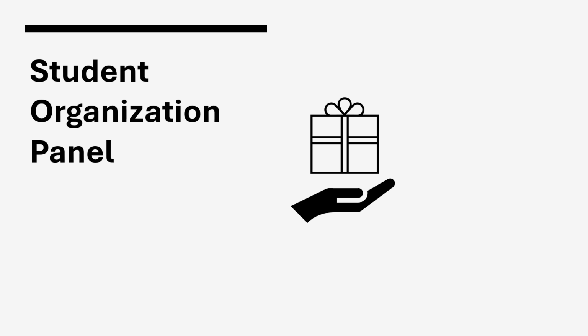As an example, let's say you're planning an event with panelists. As a recognized student organization, you can apply for SOF funding to purchase small tokens of appreciation for the panelists and perhaps light snacks for guests who attend the event.